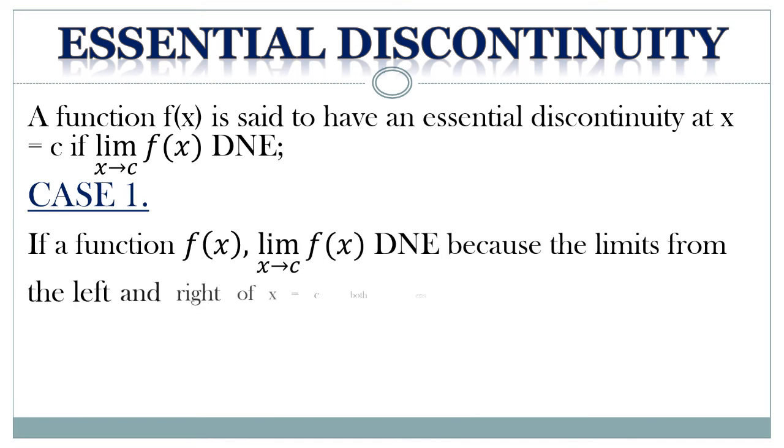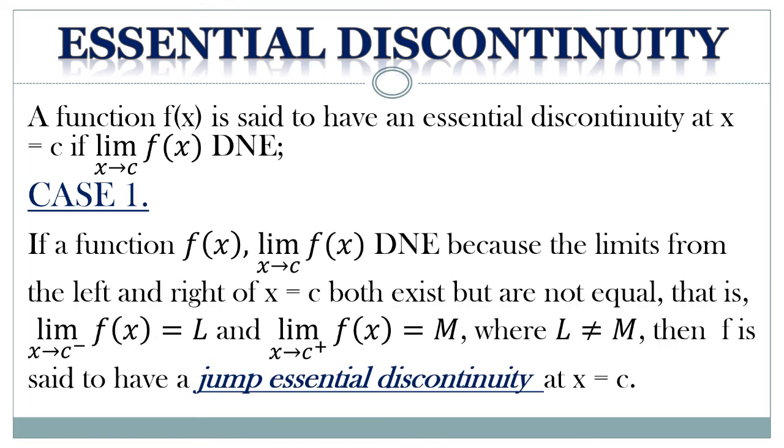Case 1. The limit of f of x as x approaches c does not exist because the limits from the left and right of x equal to c both exist but are not equal.